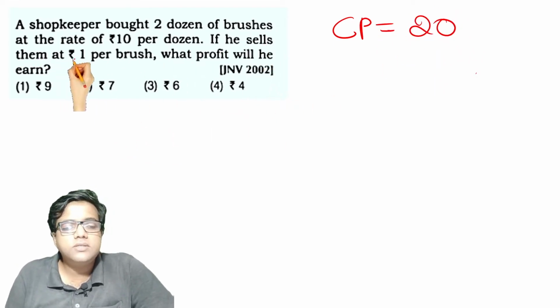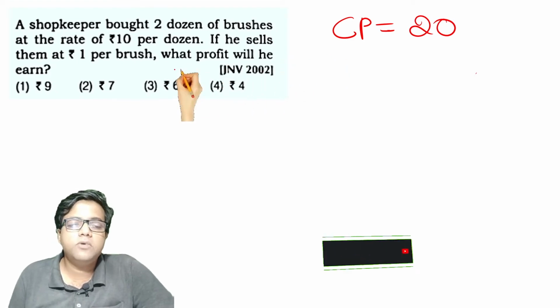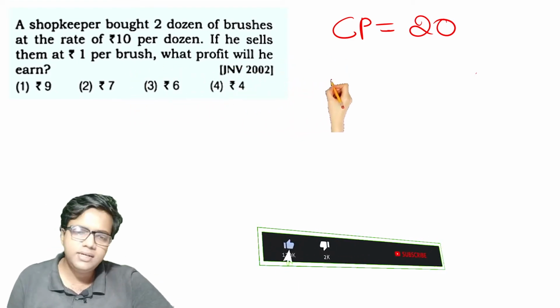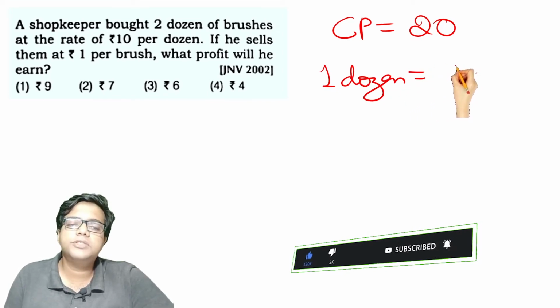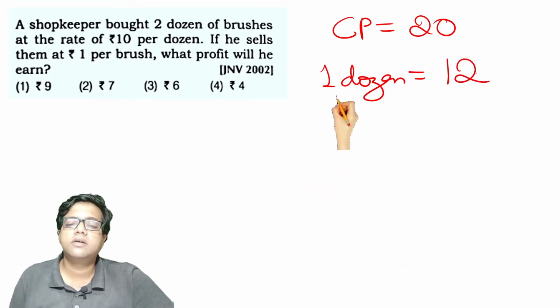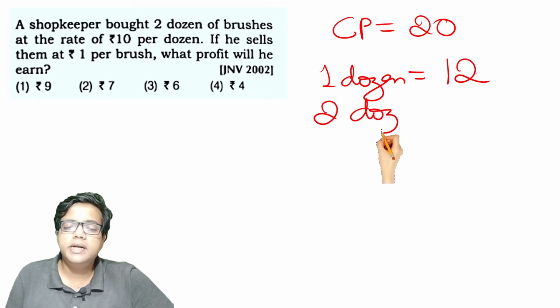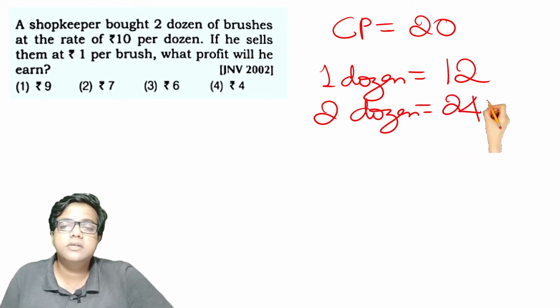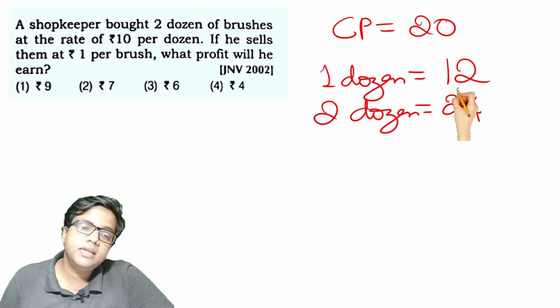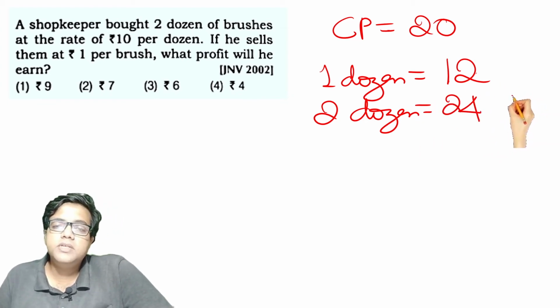And if he sells them at 1 per brush, what profit will he earn? In 1 dozen, how many brushes are there? There are 12 brushes. In 2 dozen, how many brushes are there? 12 2s is 24 brushes. And he is selling all of them at 1 rupee per brush, right?